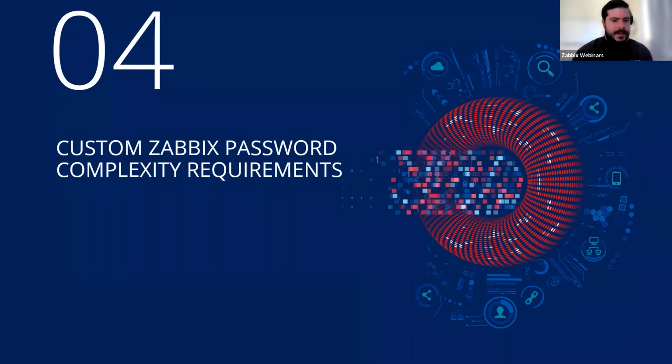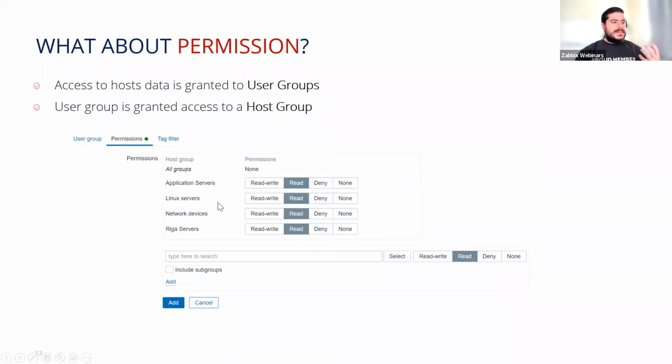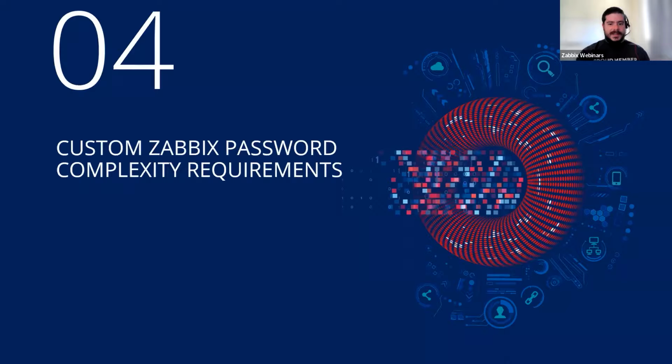Moving forward, with all these features, it is possible to maintain a more secure and segregated environment for your team. I mean, you can literally separate your customers, your IT teams, to access just what they need to access. And you can do it inside the same Zabbix environment. And this is a really cool, secure feature.